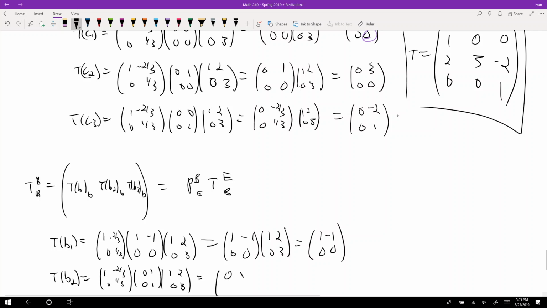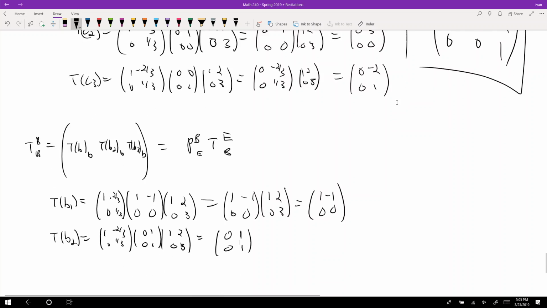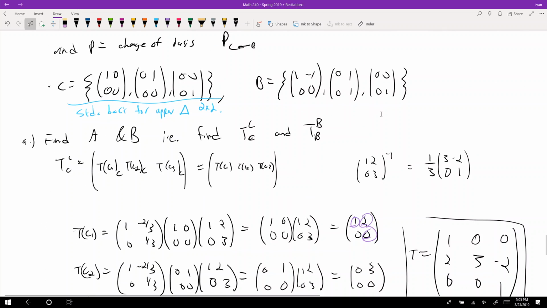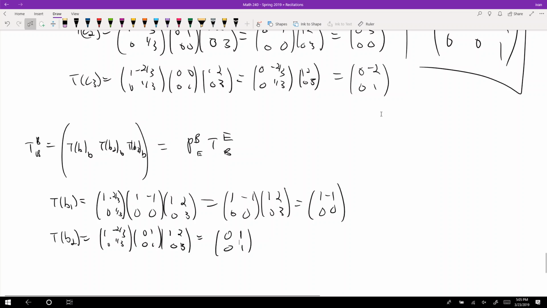So this is actually also [0, 1; 0, 1]. Okay, and the last matrix is T of B3, but B3 is the same thing as C3. It's the same matrix. So T of B3 is equal to [0, -2; 0, 1].